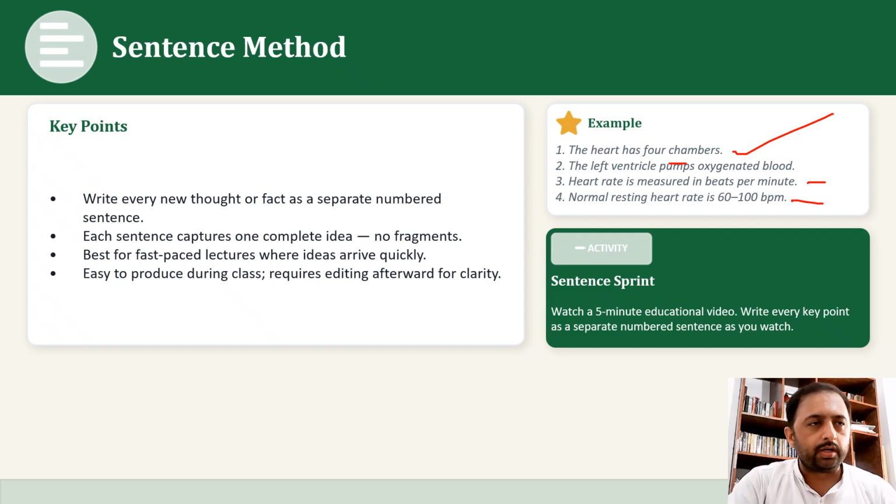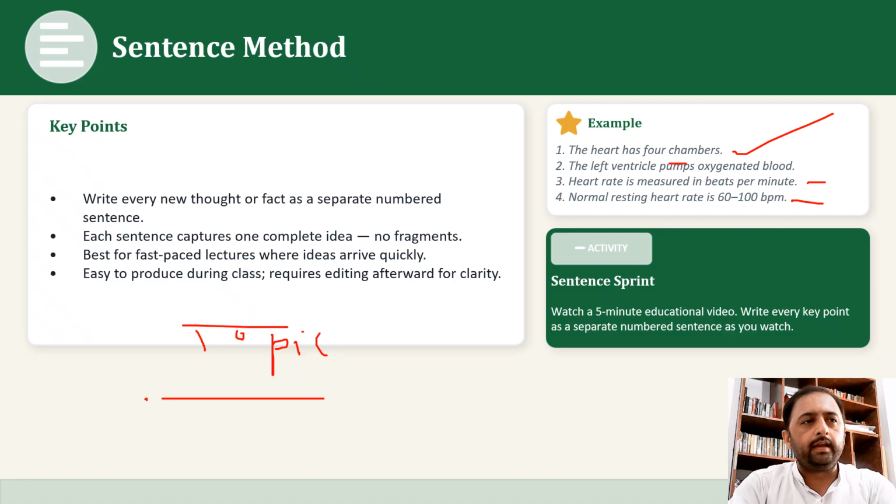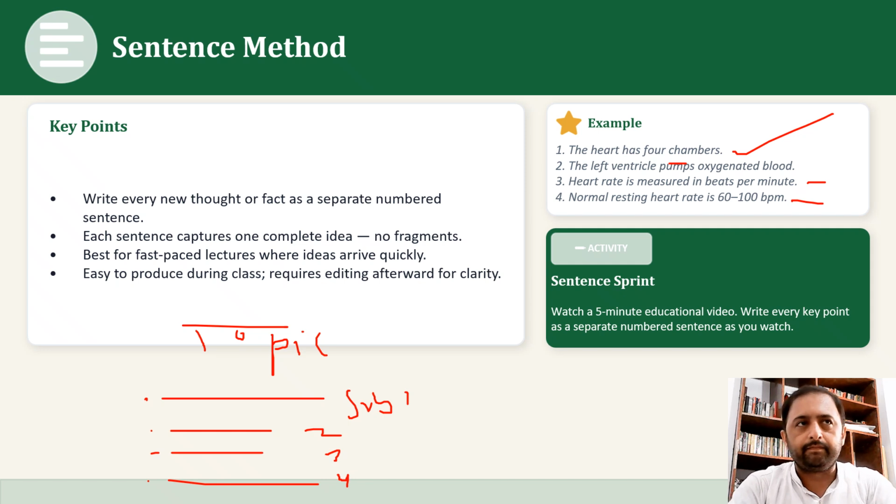I am going to demonstrate here for you. You write here your topic, and here in each line go your subtopics. There is subtopic 1, and here 2, here 3, here 4. This is the sentence method maker.